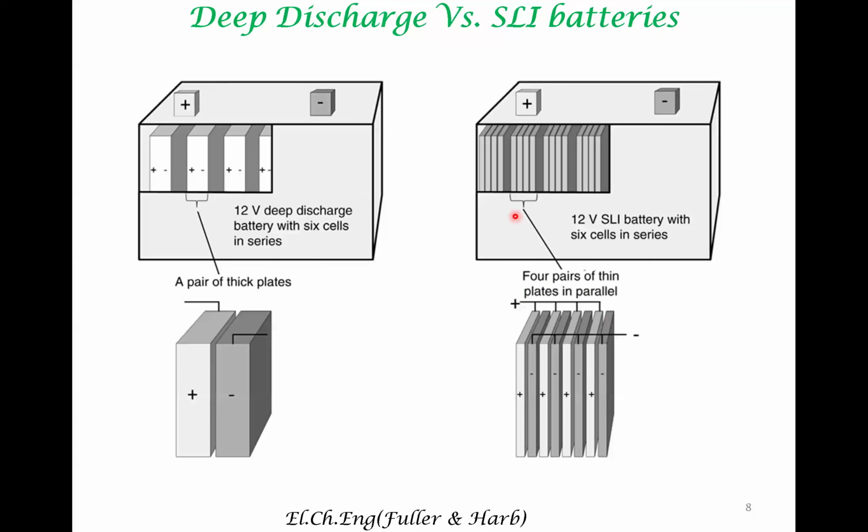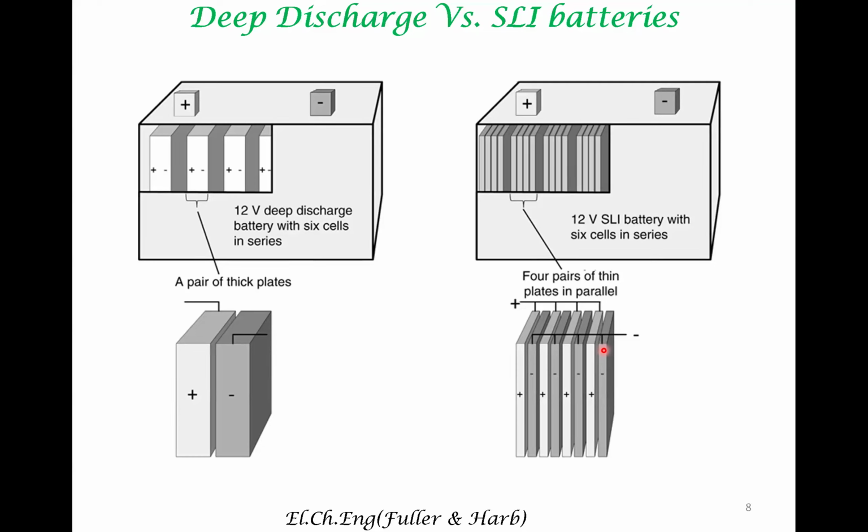Few things have to be understood. First, compared to a deep discharge cell, the thickness of the positive and negative electrode in an SLI battery is much lesser. The cross-sectional area is also correspondingly greater.